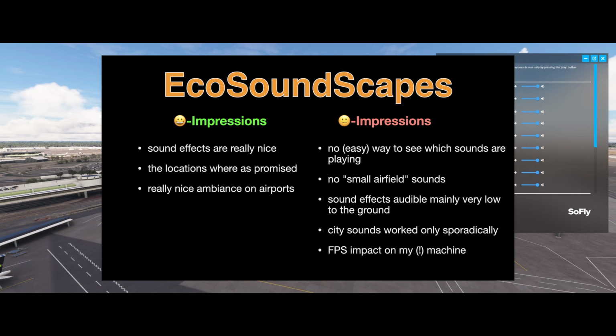It really adds immersion on airports and in the city. The locations which were listed in the Google Sheets document I showed you were as promised. Everywhere I looked there were sound locations. And especially on the airports where you're sitting on the ground, for example in airliners, also for a longer period of time, the ambience is really nice.